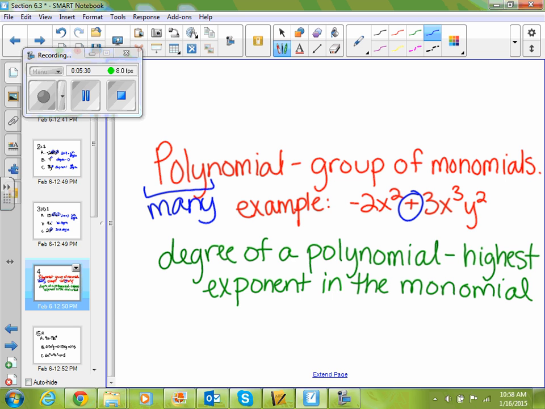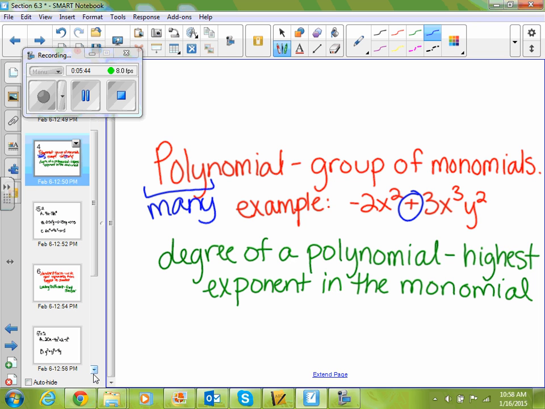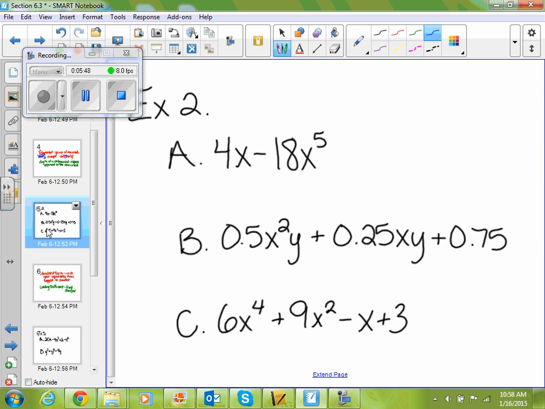And then finding the degree of a polynomial is even easier than a monomial because the degree of a polynomial is just your highest exponent. Your biggest exponent is the degree of a polynomial. So if I look at example 2a, I'm given 4x minus 18x to the fifth.